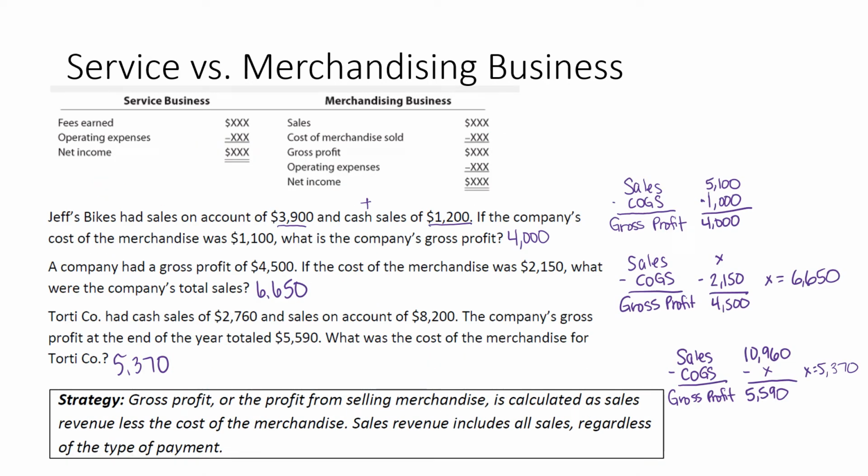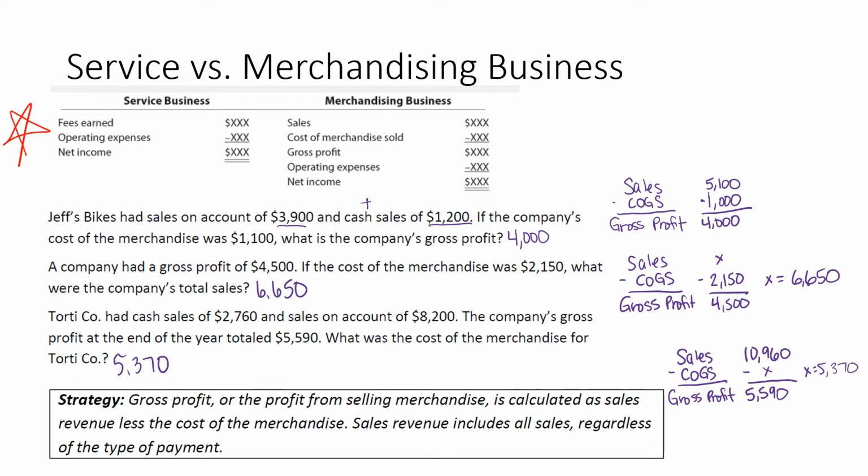Now, in terms of calculating net income for a service business versus a merchandising business, remember we have our formulas that we have to follow for constructing an income statement and calculating all the different things that we find on the income statement for a service business versus a merchandising business.